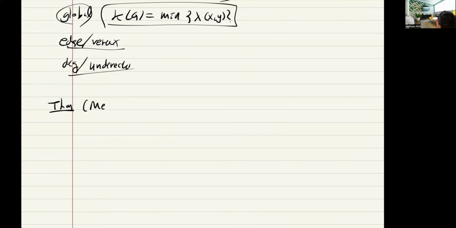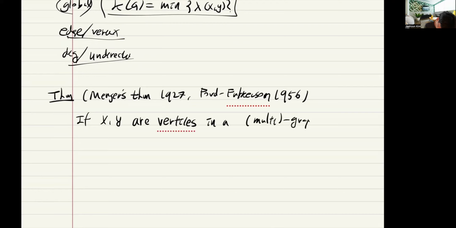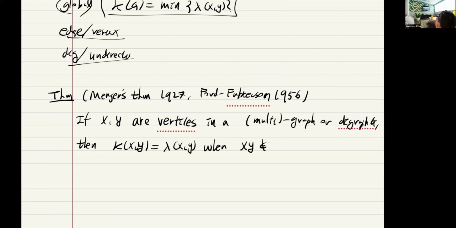So let's state it. If x, y are vertices in, say, a multigraph or diagram G, then kappa xy is the same as lambda xy when x and y are not adjacent.